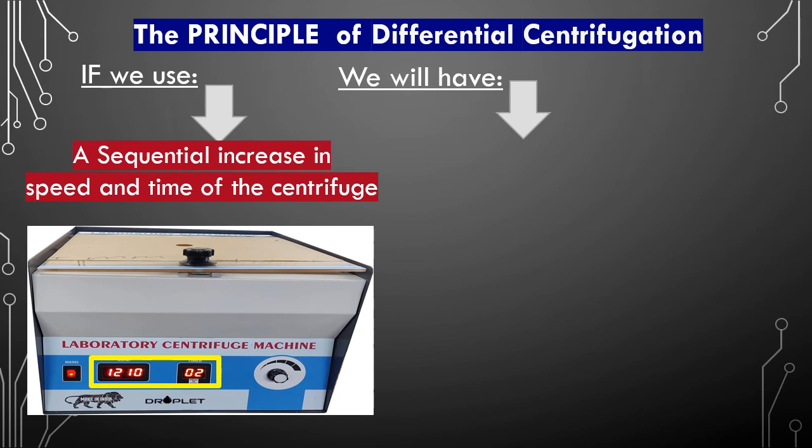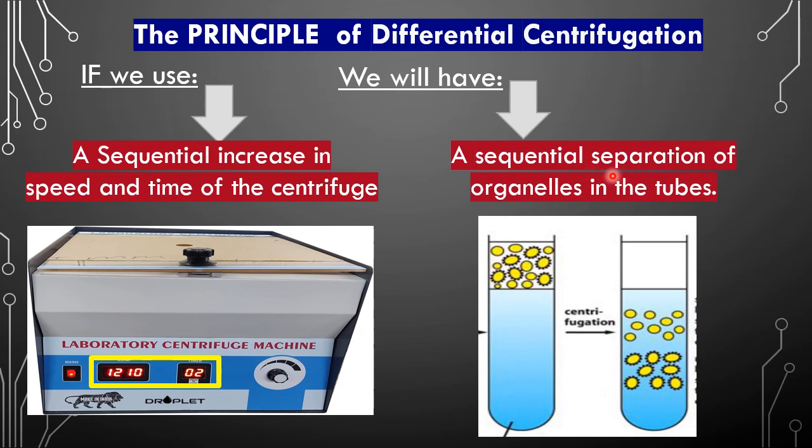It means that if we gradually increase the time and also the speed of this instrument while the tubes of our cells are inside, we are going to have a sequential separation of organelles in the tubes. Each time we increase the time of rotation and the speed of the centrifuge, this leads us to separate more organelles.